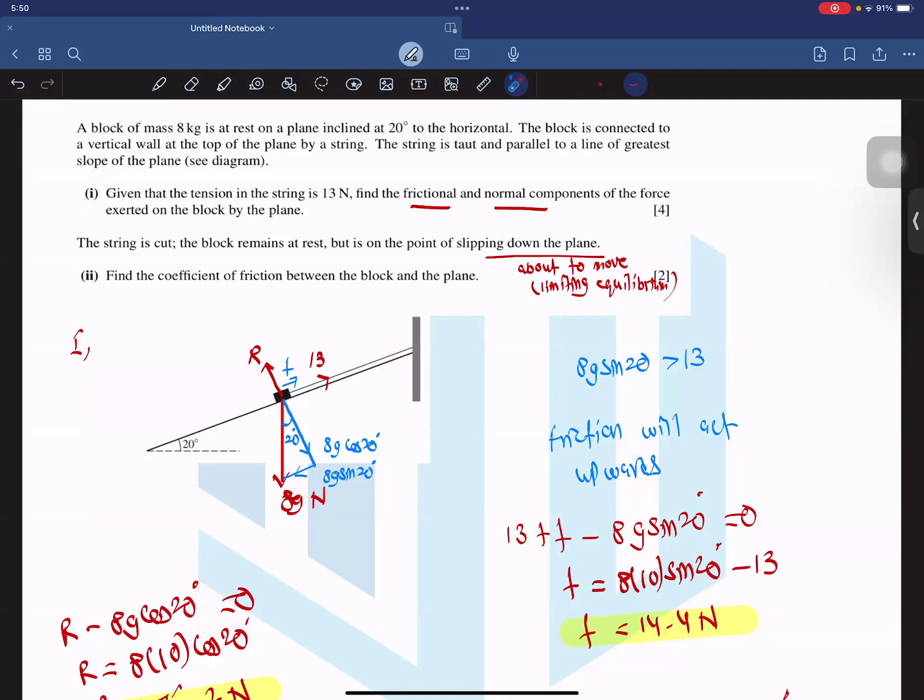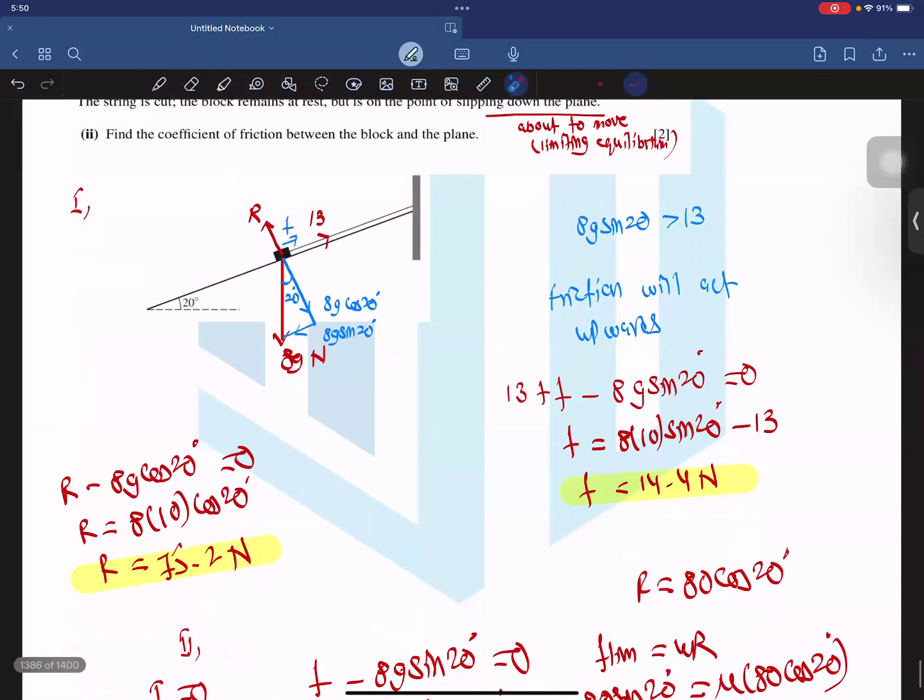So F is equal to 8g sin 20 minus 13, where g is equal to 10. We calculate this, and correct to three significant figures the frictional force has a magnitude of 14.4 Newton. Then we are going to find the value of R, the normal contact force.